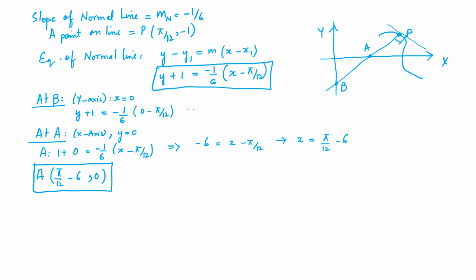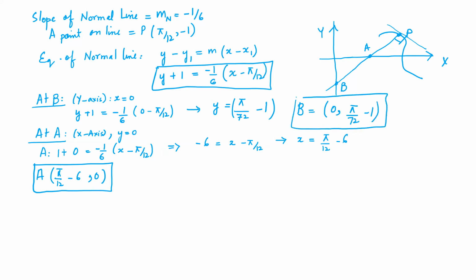So this turns out to be y is equal to pi by 72 minus 1. Yes. So point B will be x is equal to 0, y is pi by 72 minus 1. So now I have two points, A and B.